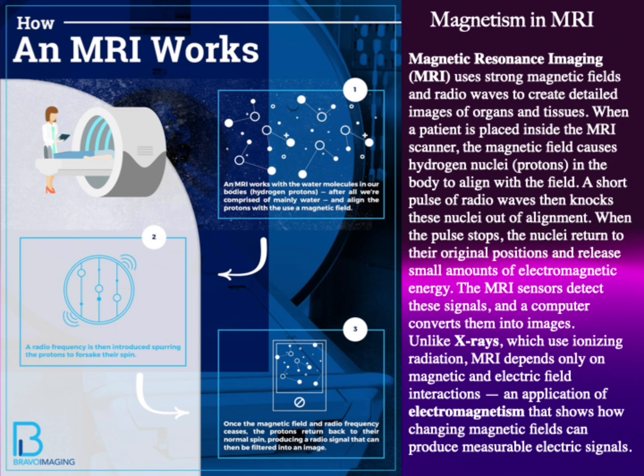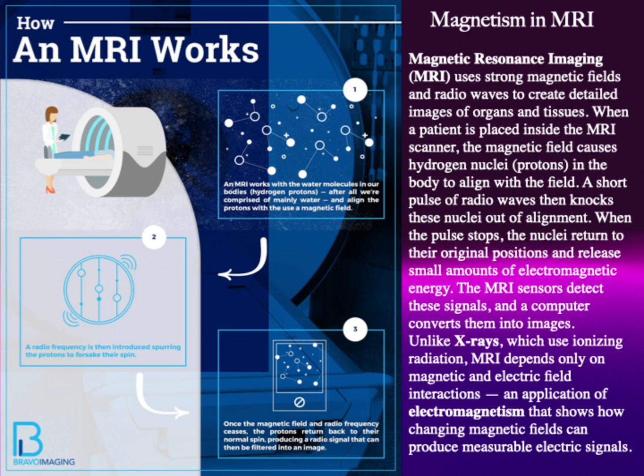A short pulse of radio waves then knocks these nuclei out of alignment. When the pulse stops, the nuclei return to their original position and release small amounts of electromagnetic energy. The MRI sensors detect these signals and a computer converts them into images.